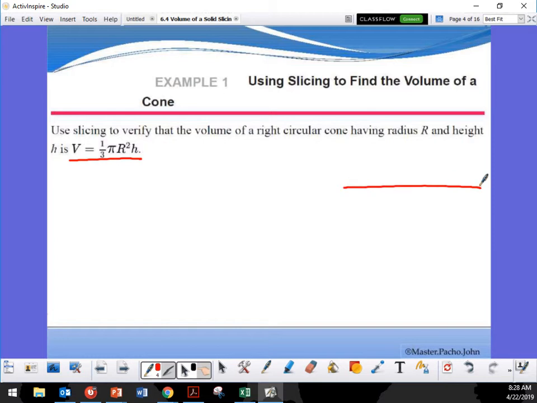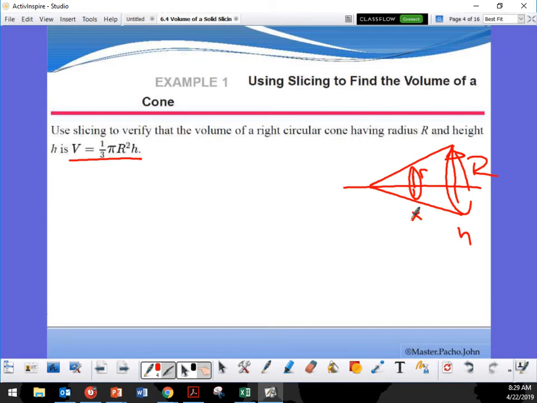If it's a cone, it's going to look something like this. From here to here is going to be the big R. From here, this is my H. From here to here, this is the little r. And from this value is going to be my x.